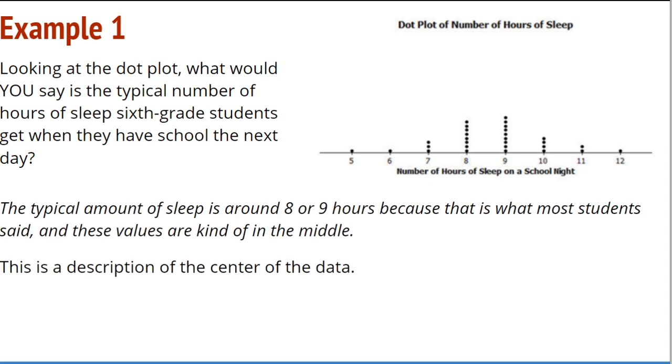And I would agree that the typical amount of sleep is around 8 or 9 hours because that's what most students said. And these values are kind of in the middle. What we have here is a description of the center of the data. Where is the middle of the data?